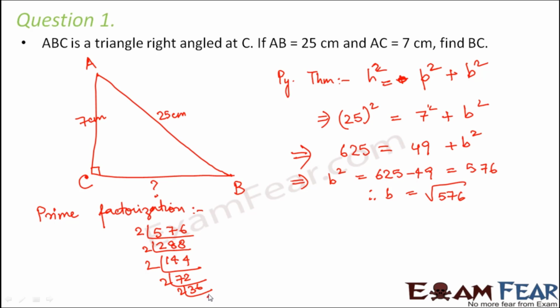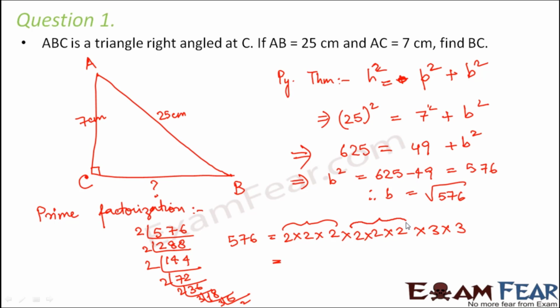So this is what you get. So when you actually prime factorize 576, it comes out to be 2 into 2 into 2 into 2 into 2 into 2 into 3 into 3. So basically this can be rearranged and written somewhat like this. You have a total of 6 twos.